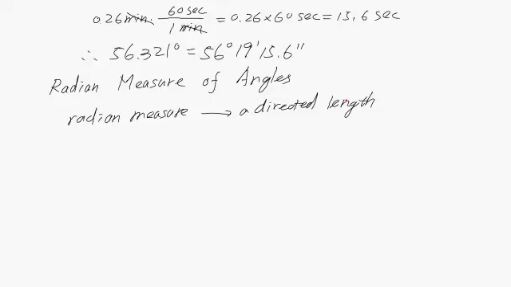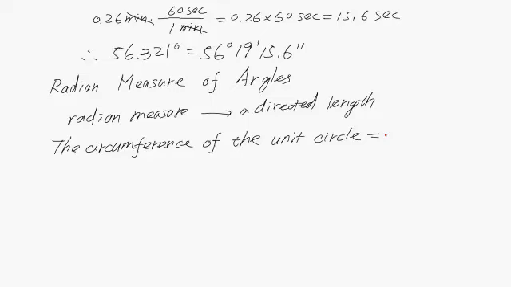And we know the circumference of the unit circle is equal to 2 pi times the radius. So let's get the circumference of the unit circle. It is equal to 2 pi times the radius.